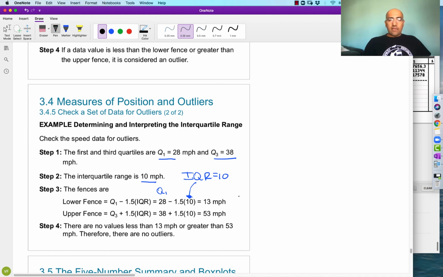So if we think of it on a number line, we have this lower fence value over here at 13, and we have this upper fence value over here at 53. And then we have Q1 and Q3.